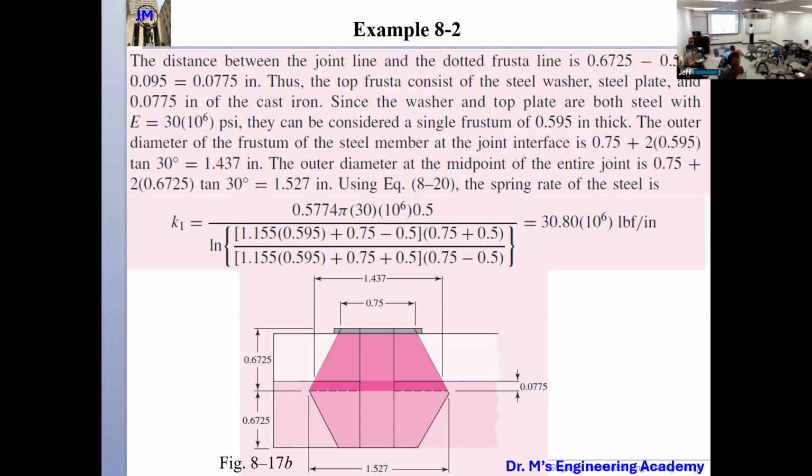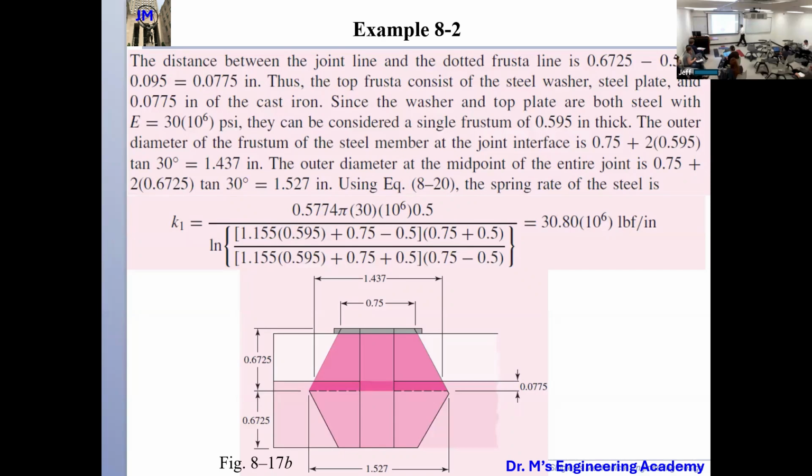And I can calculate this value, right? So this x divided by T1 equals tangent theta, which equals tangent 30 degrees. So I can get x equals T1 multiplied by tangent 30 degrees. So this is x.